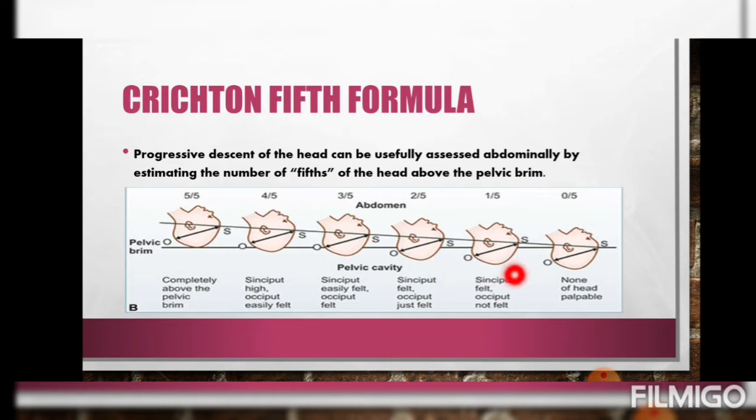And here in 1/5, the sinciput is lying almost near the pelvic brim. If both the sinciput and occiput are below the pelvic brim, it is not palpable. This is the fifth formula.